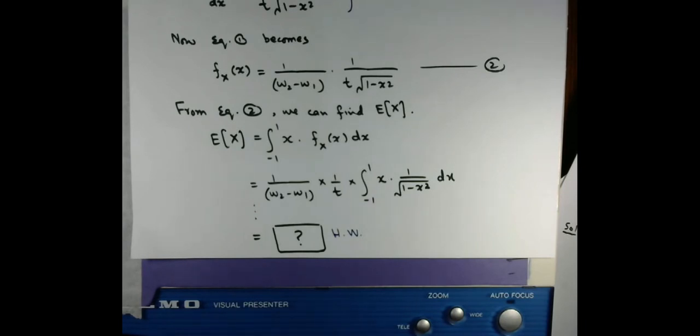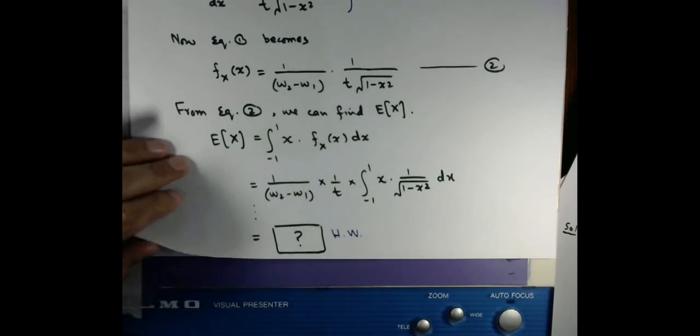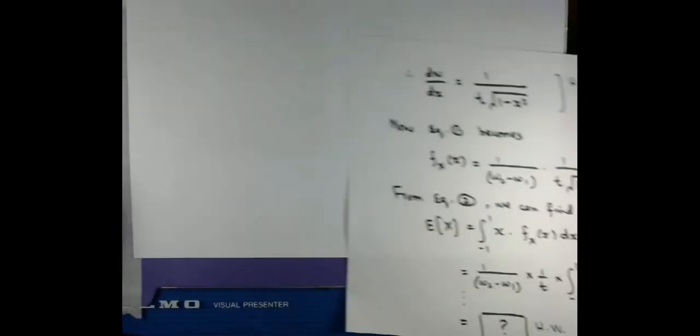And the third part is now the conditioning of a continuous random variable. So I'll move on to the next topic, and that is conditioning a continuous random variable.